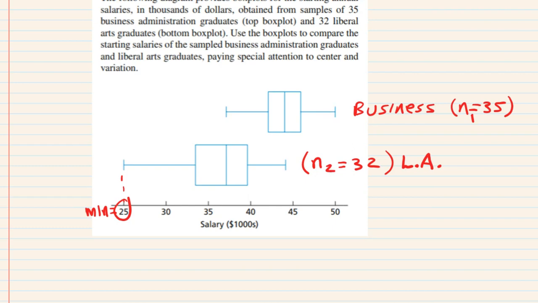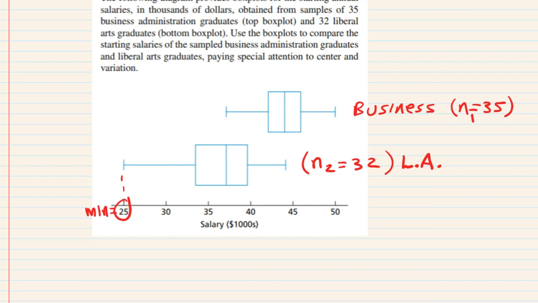The next sample may reveal different results. And then we can compare the medians. So with every aspect of this with respect to the major, it looks like business graduates, as a whole, are better off financially than the liberal arts graduates are.